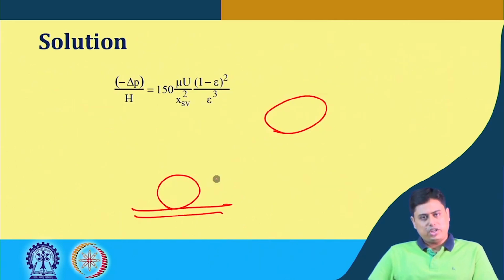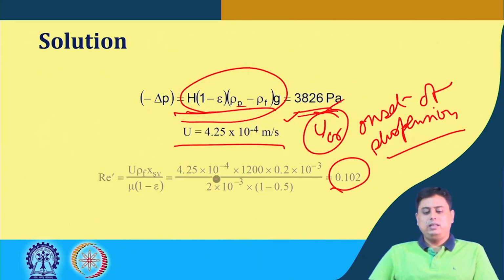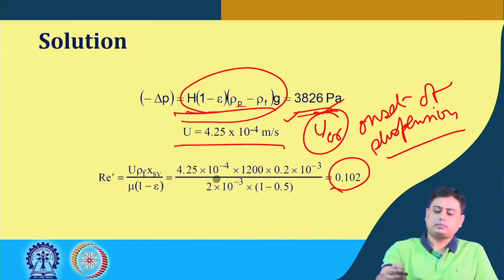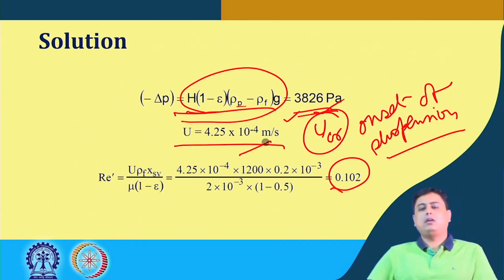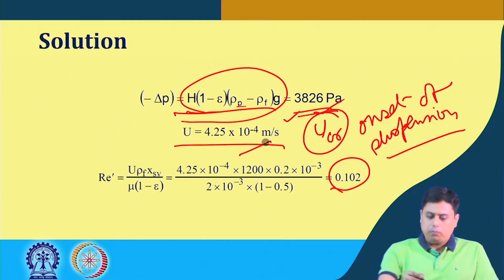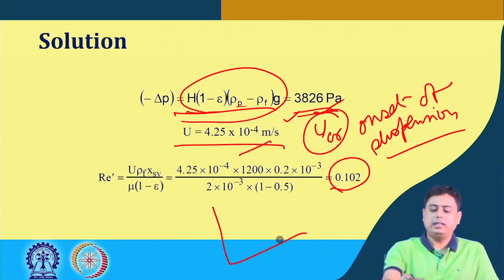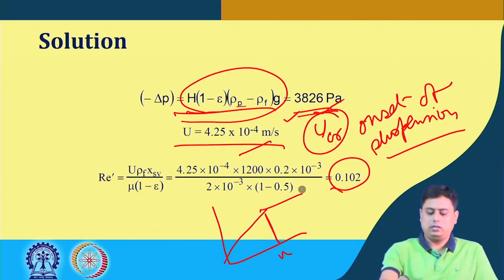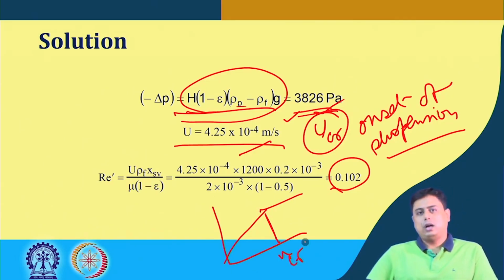Okay. You should check whether this U value is greater or lesser than this critical one. Okay. It would possibly be lower than this critical value. So, the pressure drop will increase till this value of U, and then it would remain constant for the rest of the flow rate change.